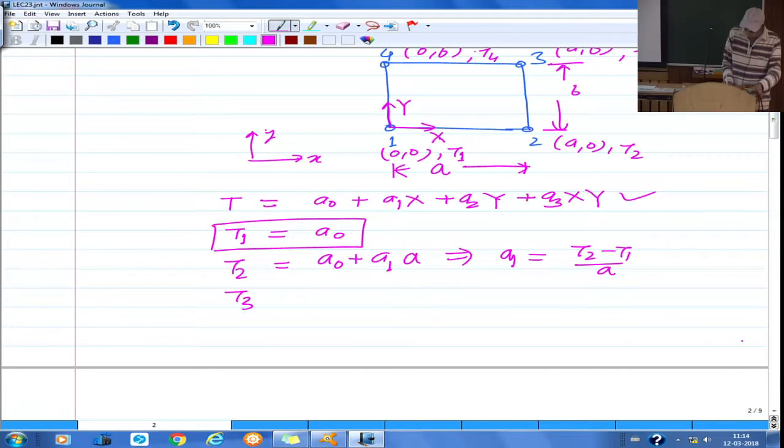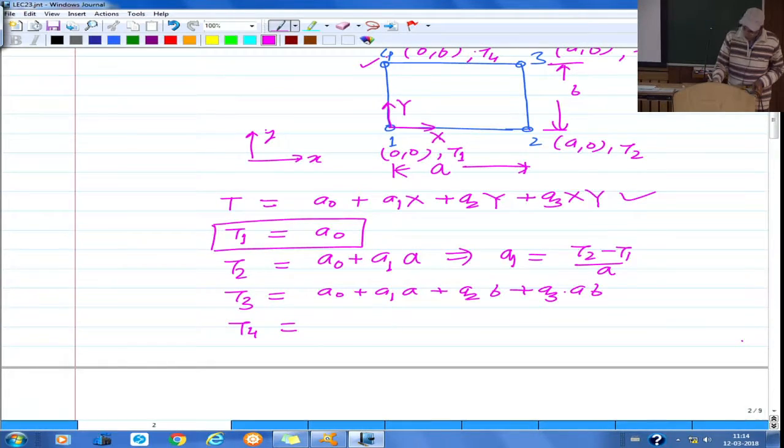Then T3 is nothing but, as you see, A0 plus A1 into A plus A2 into B plus A3 into A into B. And right now A0, A1 are already known, but A2, A3 are unknowns. So we need one more equation, which is your T4, and T4 is the value of T at this node.